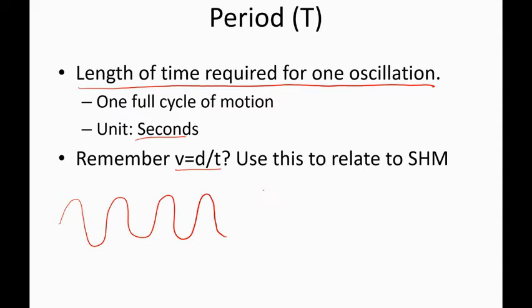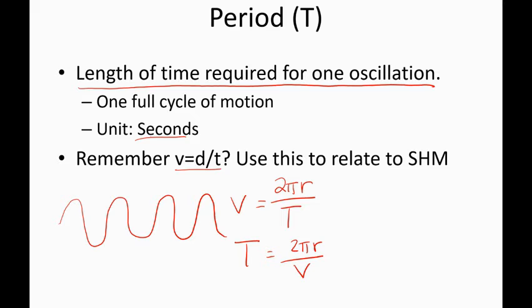And what's the distance on a circle? It's 2 pi r, or the circumference. So 2 pi r divided by period, or time, is equal to the velocity. If I bring period over here, I get 2 pi r divided by velocity.